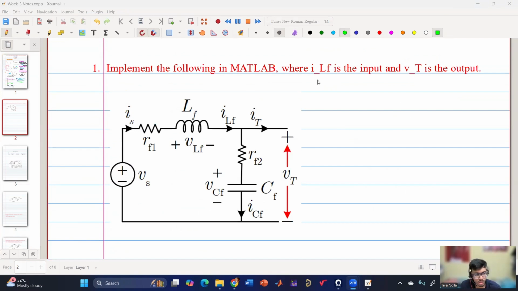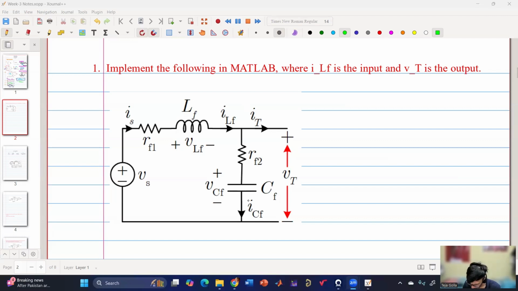Then we can move to our next part, which is implementing this circuit where ILF is the input and VT is the output. Sometimes the question will have a complicated circuit, but in this question we are not asking for the entire implementation of the circuit. ILF is the input and VT is the output, which means only this branch.